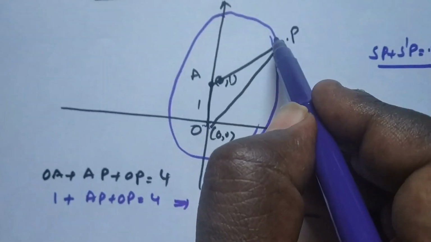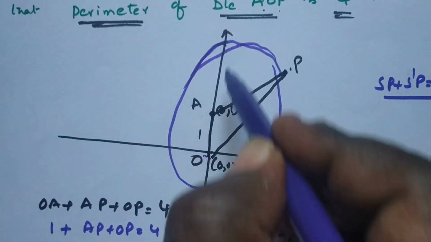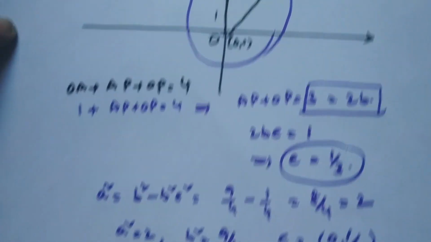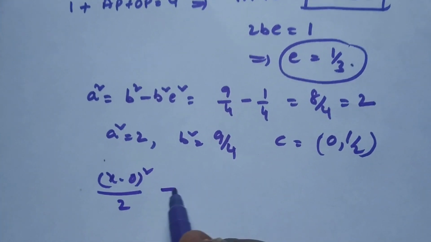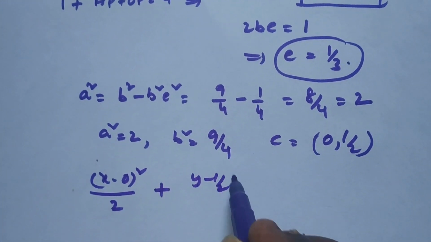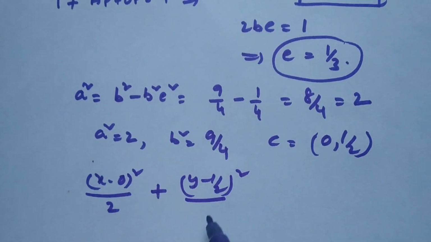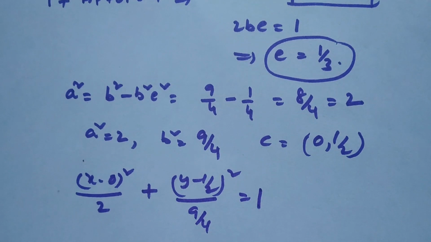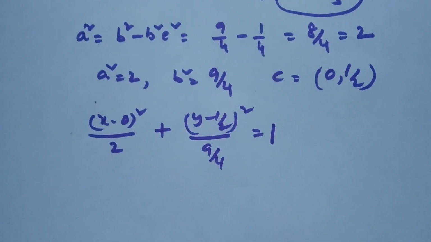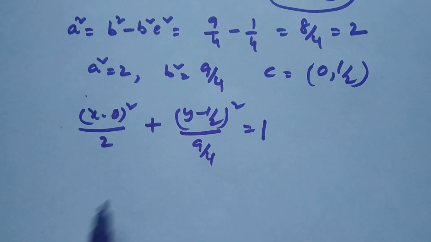So the required locus is an ellipse. So the equation of the ellipse is: (x minus 0) whole square by a square, that is 2, plus (y minus 1 by 2) whole square by b square, what is b square, 9 by 4, equals 1. So simply we can find the locus by using the focal property of the ellipse.